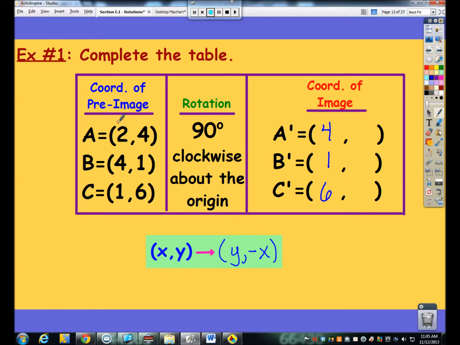So really, I want to take all of these, switch the signs, and put them in over here. So if that was positive 2, this is now negative 2. Positive 4 becomes negative 4, and positive 1 becomes negative 6. And that way, I don't have to do any graphing, but I know where those coordinates are going to end up, thanks to this rule.